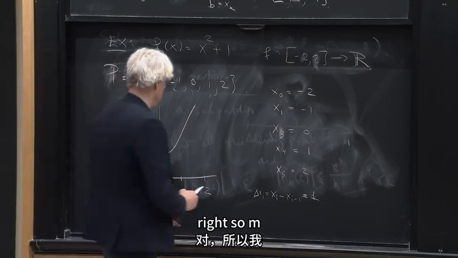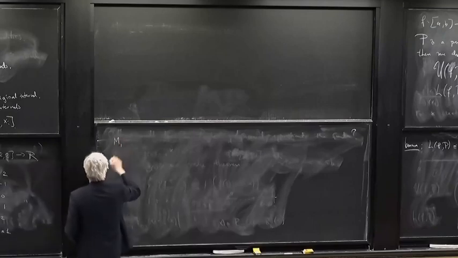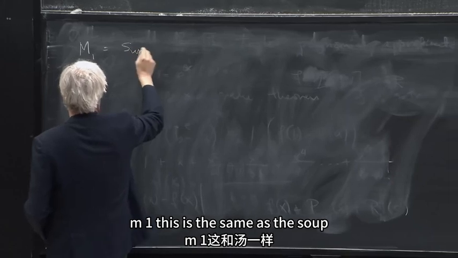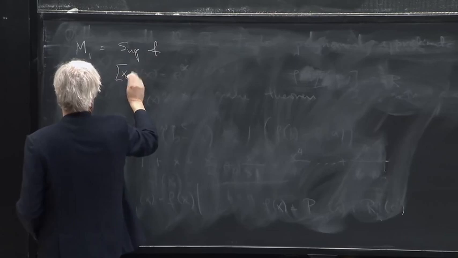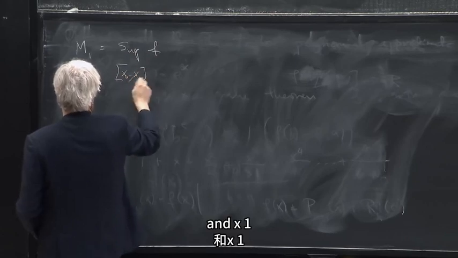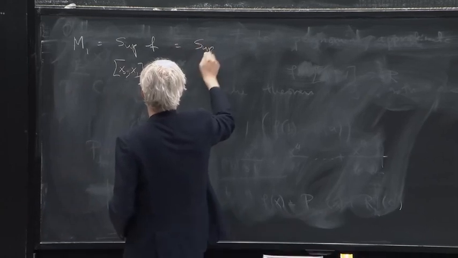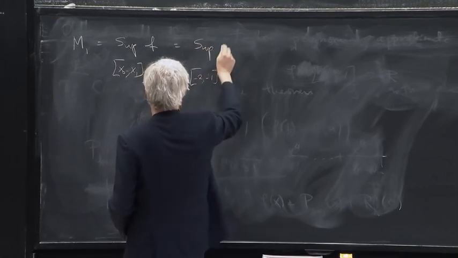M1 is the sup of f between x0 and x1, the sup over [-2, -1] of f.